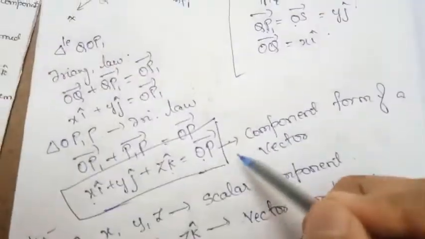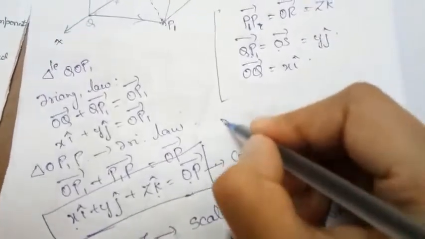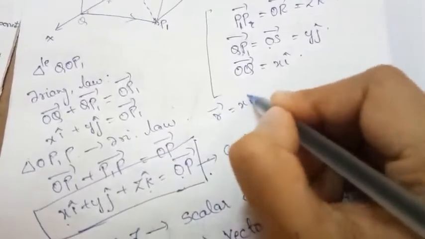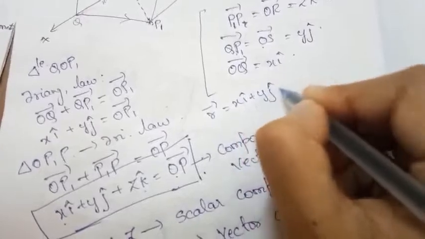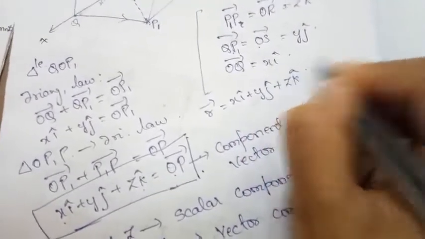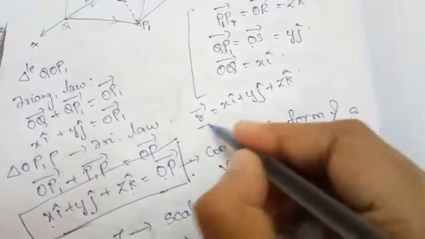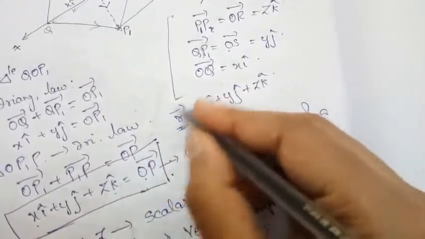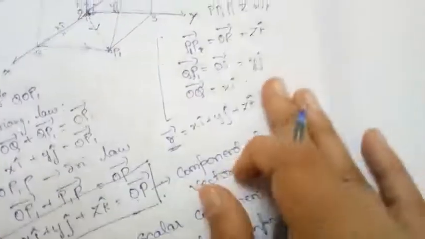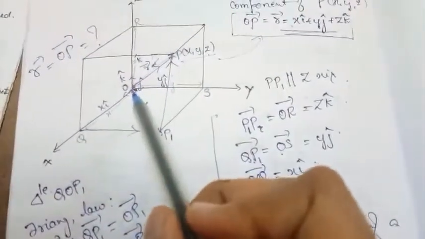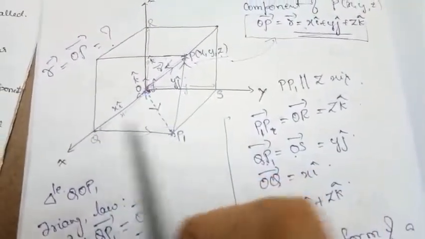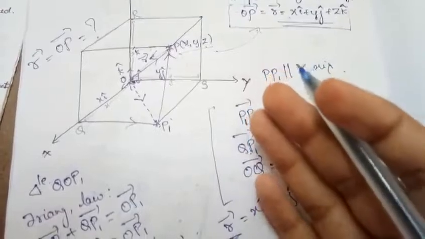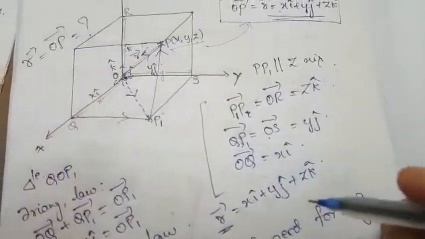Here you got the component form of the vector, that is, vector R is equal to xi cap plus yj cap plus zk cap. Now you need to find the magnitude of this vector. So how are you going to find it? You can see clearly that our triangle OQP1 is a right angled triangle.